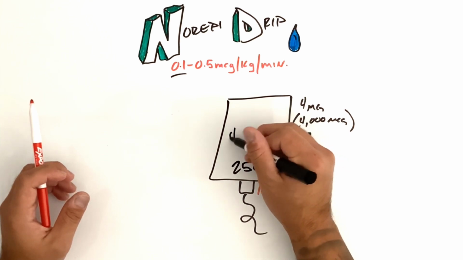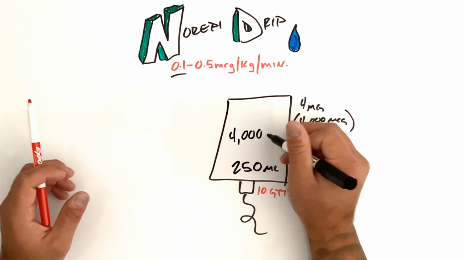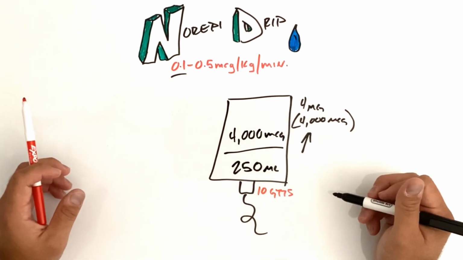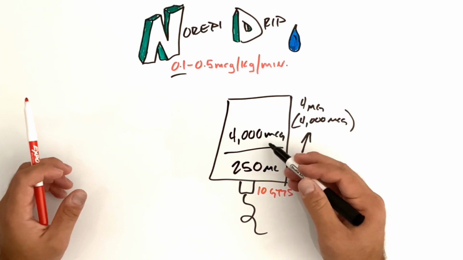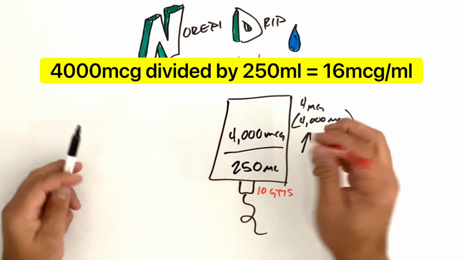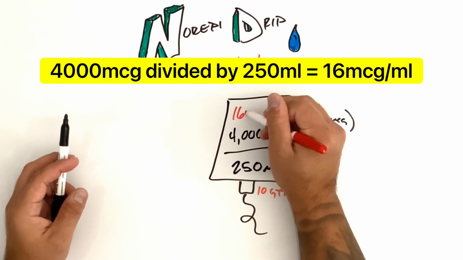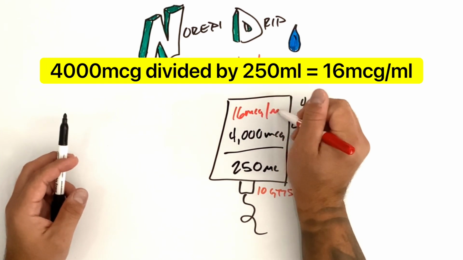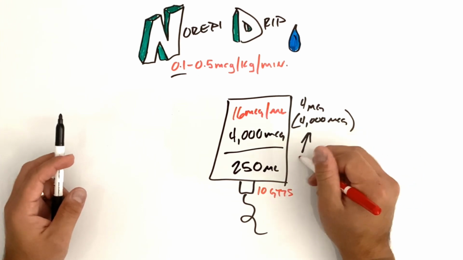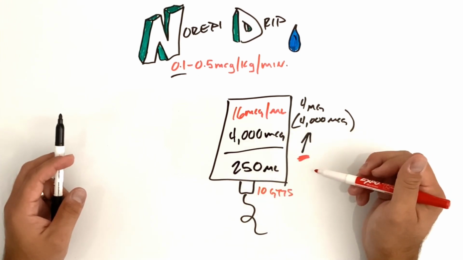So let's put our 4,000 micrograms or 4 milligrams inside of our 250 bag, and we're going to divide to find the appropriate concentration. So now if I divide 4,000 micrograms by my mLs, my concentration is going to be 16 micrograms for every ml. Lower volume with the same amount of medication, our concentration is going to go up.